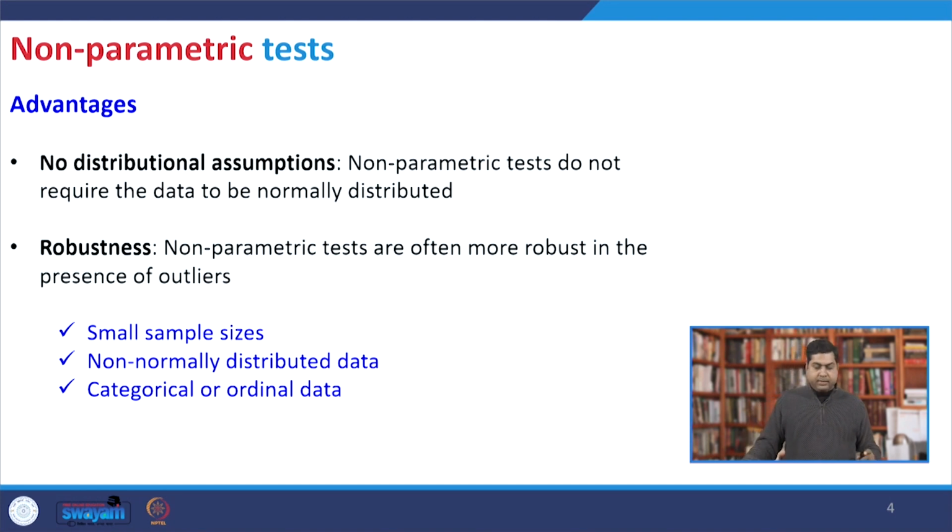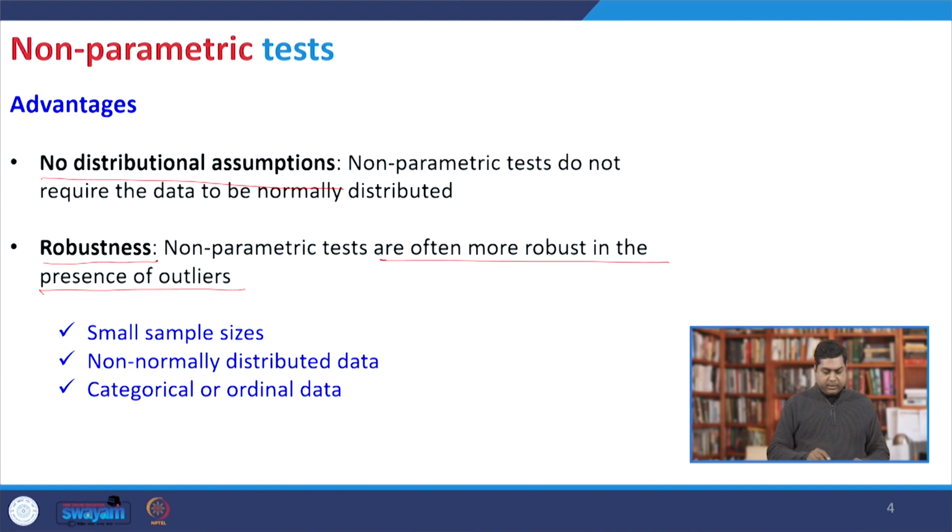Now let us understand the advantages. As I mentioned in the previous slide, no distributional assumptions are required for conducting a non-parametric test, so even if your data do not meet normality, you can easily go ahead with the non-parametric test. In terms of robustness, non-parametric tests are often more robust in the presence of outliers.